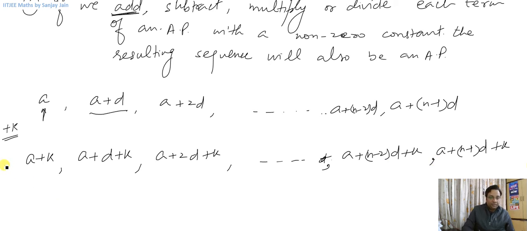Now if you observe this resulting sequence, this is also an AP. Why?